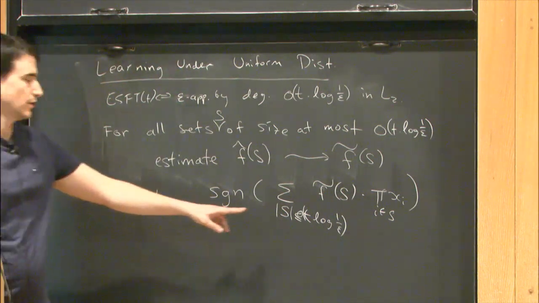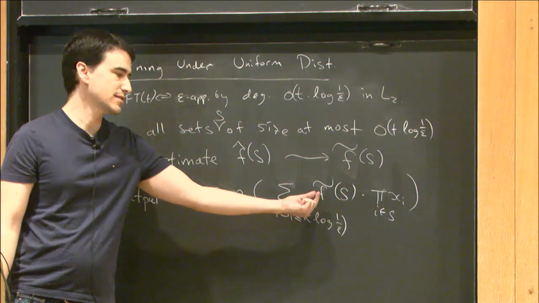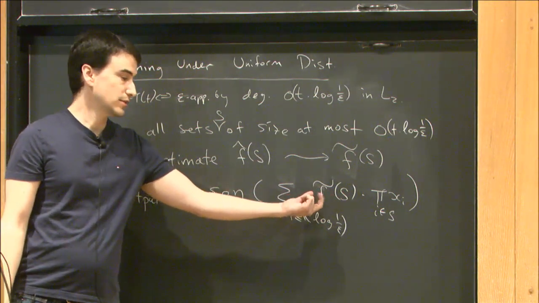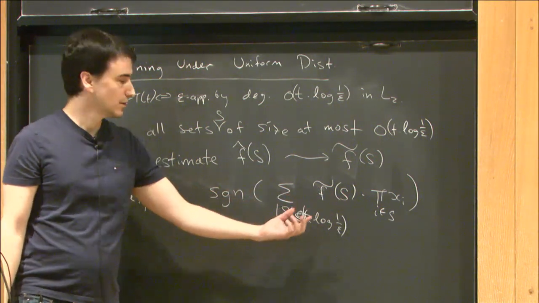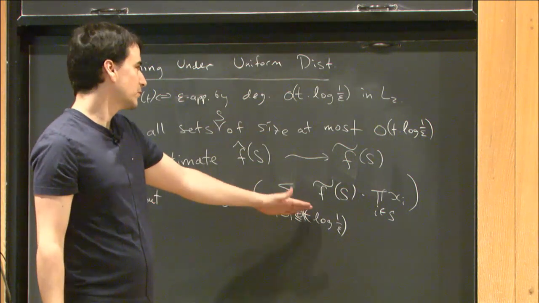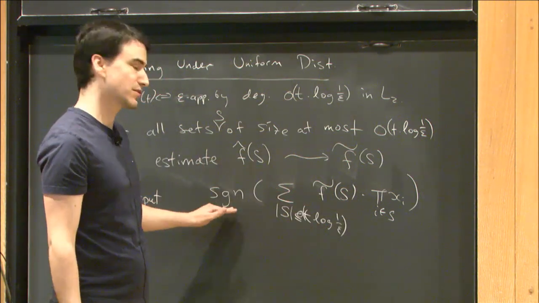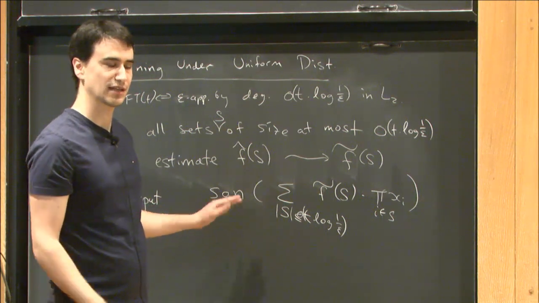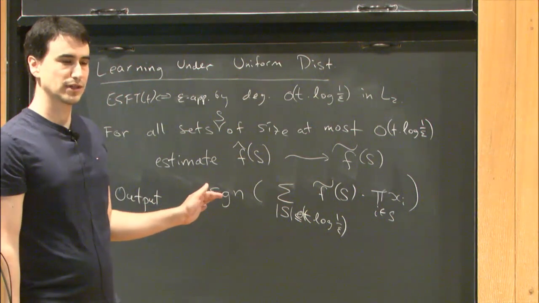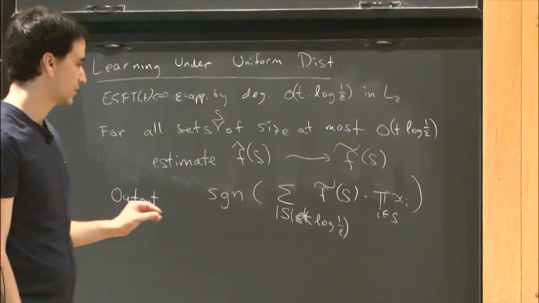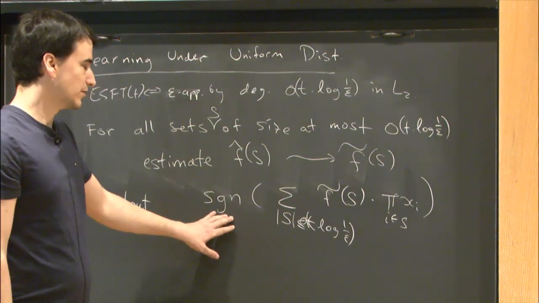Okay, so if here we would output just the true Fourier coefficient, then we know that this approximates the function, and this means also that the sign approximates the function. The sign agrees with the function with probability 1 minus epsilon. This is not a difficult exercise.